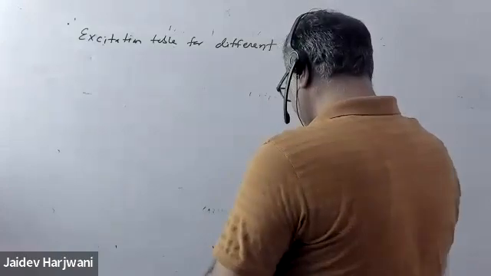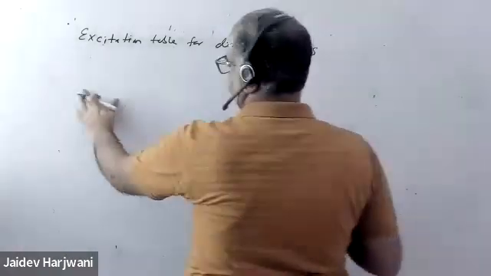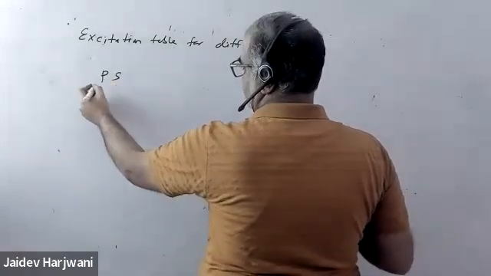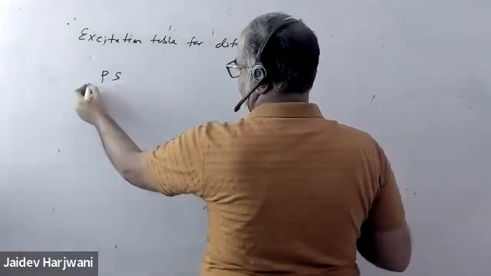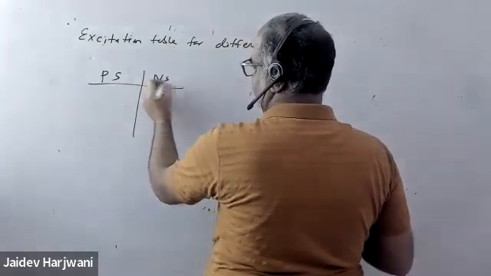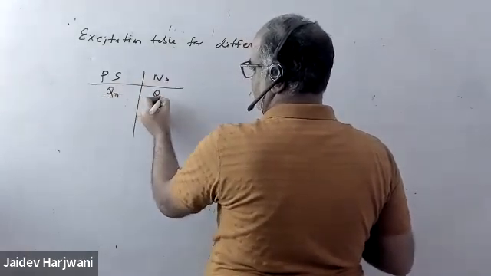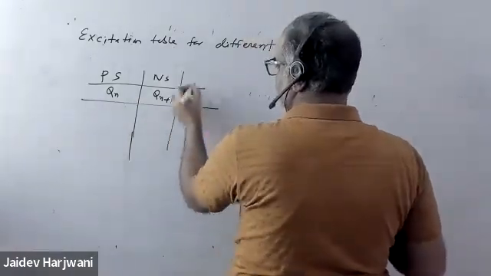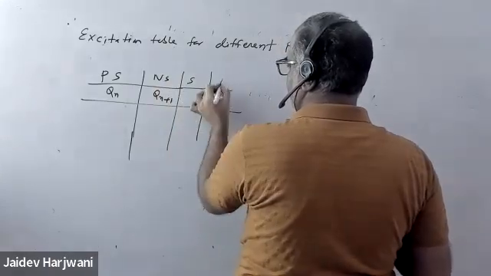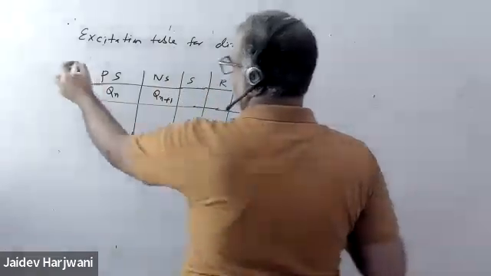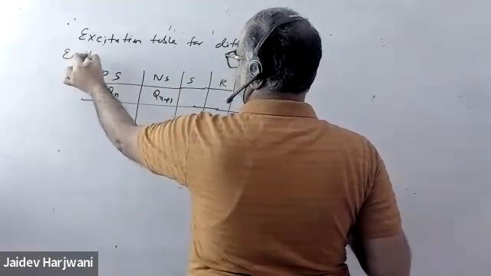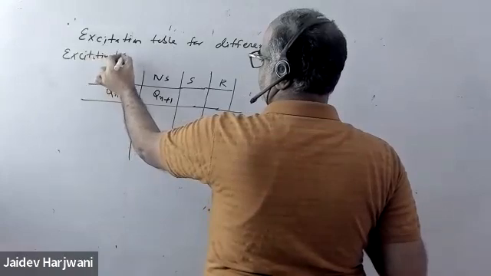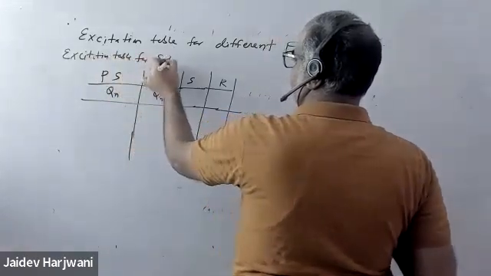For example, if I have a present state Qn and next state Qn plus 1, so I have Qn and I know Qn plus 1, and I have the variables S and R. So this is the excitation table for SR flip-flop.